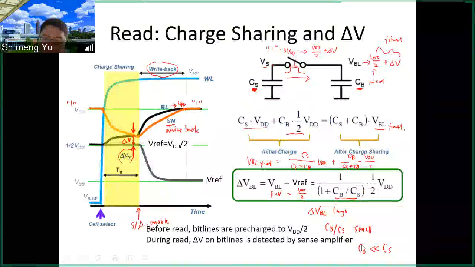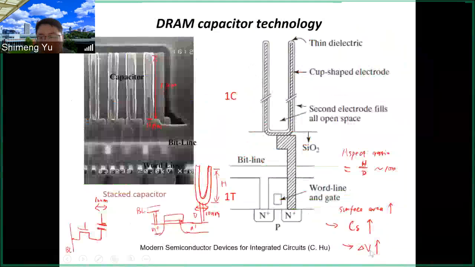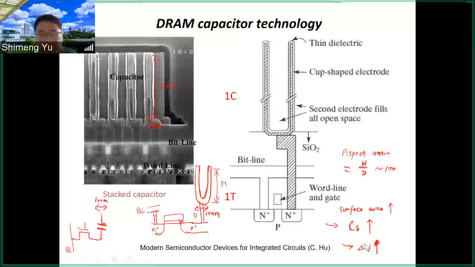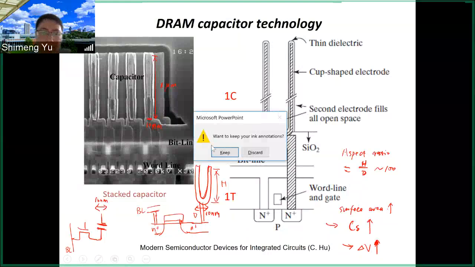So this is the way to maintain the cell capacitance and then to maintain the sense margin. Because this sense margin needs to be larger than the noise in the circuit. You want to deterministically read out the data 1 and 0, so you need a large enough sense margin. That's why we have to build this U-shaped stacked capacitor on top of the transistor. Any questions?